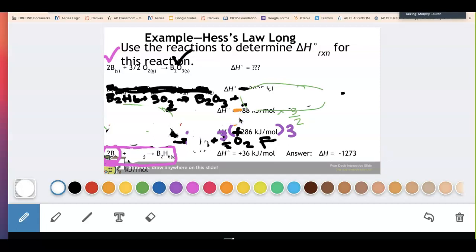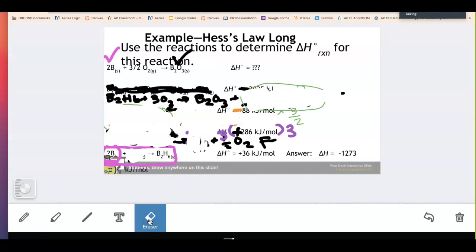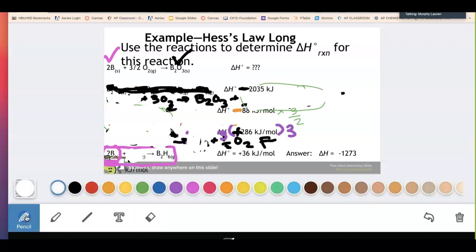Okay. I still haven't handled the oxygens. However, B2H6 on the left, B2H6 on the right, those are gone. So now I have the 2B, I have the B2O3.